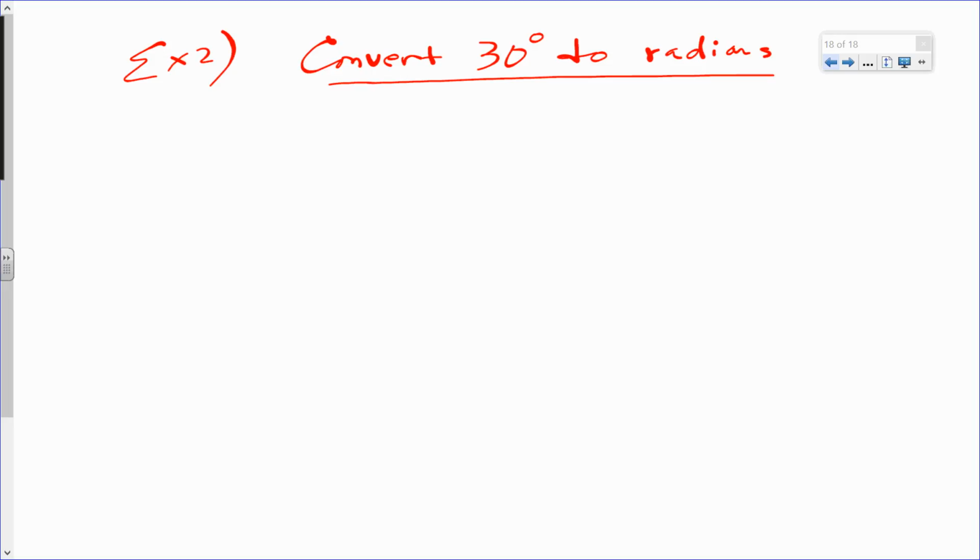And here on this example, let's leave it as an exact answer, not approximate. So we'll leave our answer in terms of pi. I don't want to approximate, so we'll leave pi in our final answer.